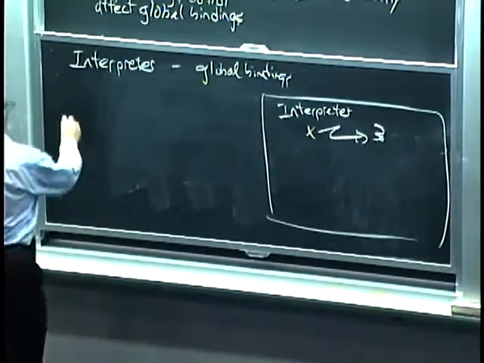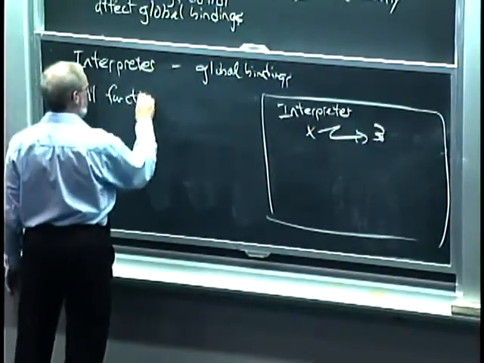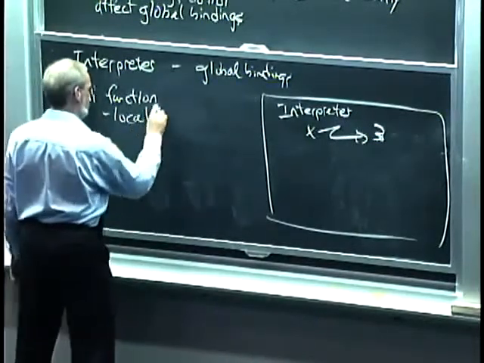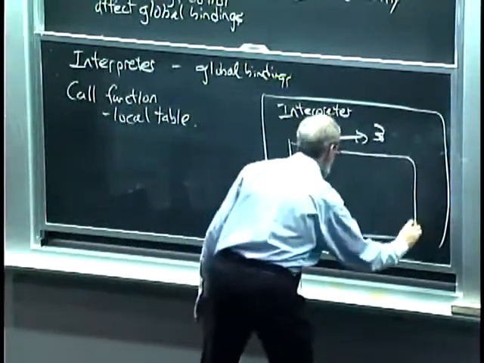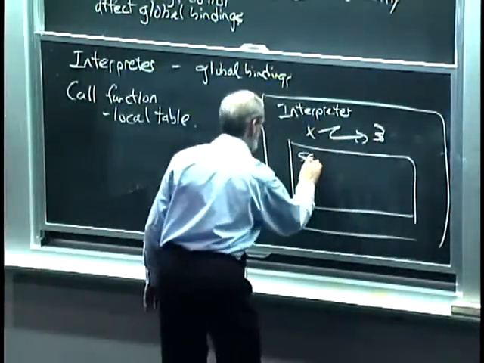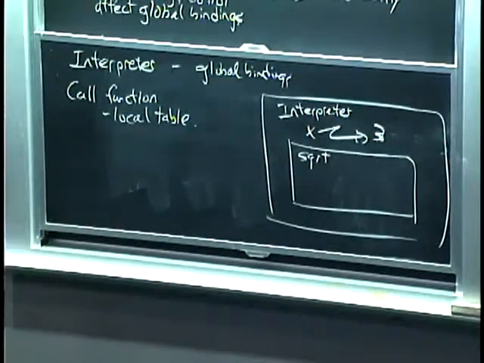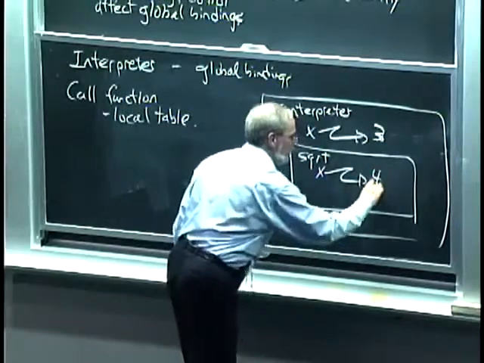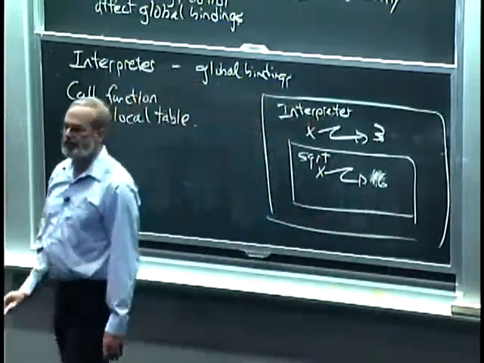When I call or invoke a function, think of it as creating a local table. And inside that local table, I bind the formal parameter. Well, actually, what did I do? I did 16, right? To some value.